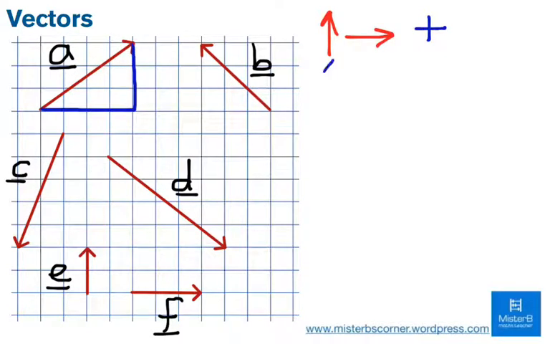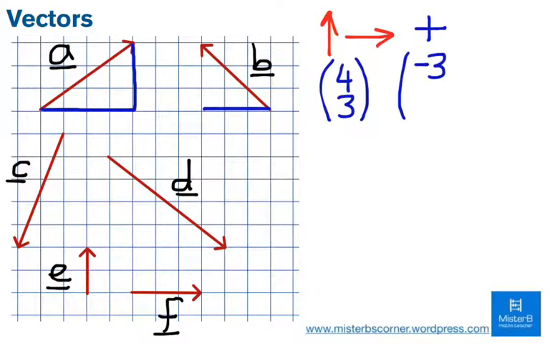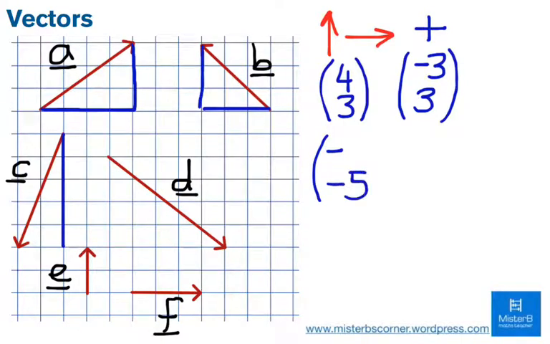So it's going to be (4, 3) for vector A. For vector B, it's going to be 1, 2, 3 to the left, so it's going to be minus 3, and 1, 2, 3 up, so it's 3. For vector C, it's going to be 1, 2, 3, 4, 5, but it's down, so it's going to be minus 5, and 2 here, it's left, so it's going to be minus 2.